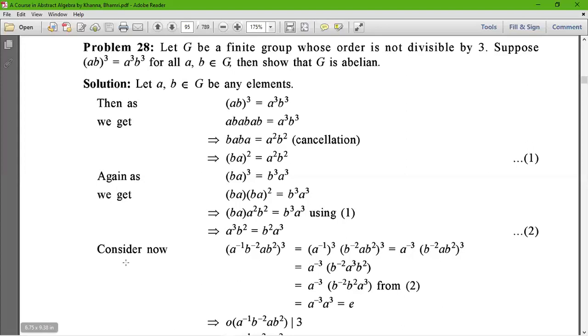Now again, consider (a^-1 b^-2 a b^2)^3.